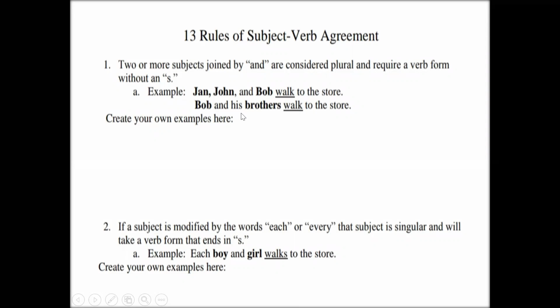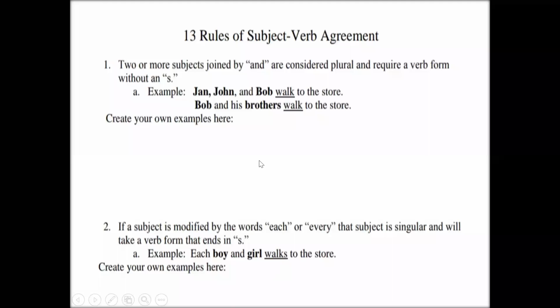Fine. As you can see here, Bob and his brothers. Again, Bob is a singular form and he is connected with his brothers. So we will be using the verb where we are not going to use s or es. The verb which is without s or es is considered a plural verb. And where we add s or es to the verb, it is considered a singular verb.